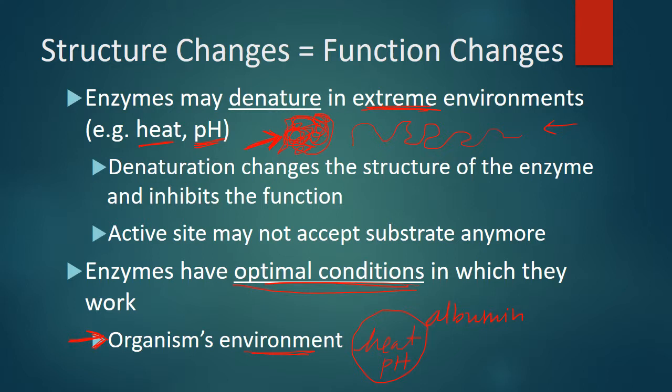But in the mouth, the pH is generally pretty neutral, but there are also enzymes in the stomach. The stomach has a really, really low pH. It's super acidic. And those enzymes can still work though, because that is their optimal condition in which they exist.